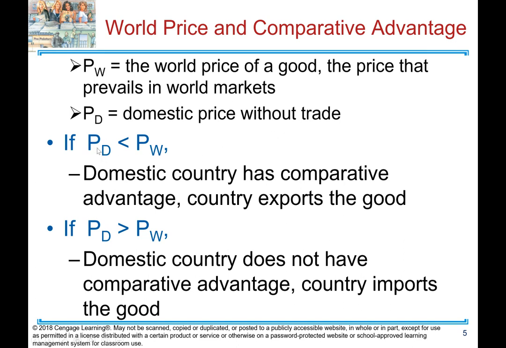If domestic price is lower than the world price, then the domestic country has comparative advantage, and the country therefore exports the good. If domestic price is higher than world price, then the domestic country does not have comparative advantage. The country therefore imports the good.